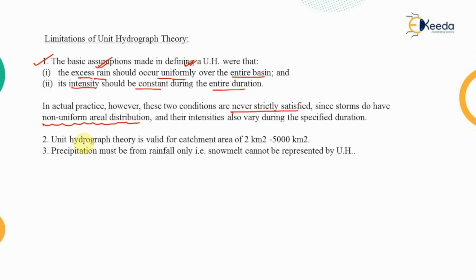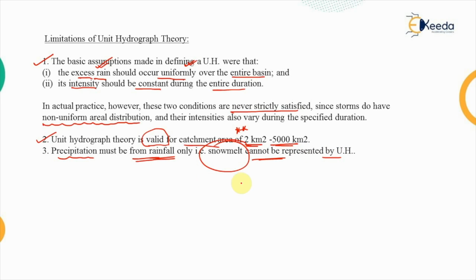The other limitation is that this theory of the unit hydrograph is valid for catchment areas as low as 2 square kilometers and as high as 5,000 square kilometers. Between these two values, the unit hydrograph is valid. Then the precipitation must be from rainfall only. Snow melt, which is the other form of precipitation, cannot be represented by the unit hydrograph satisfactorily.